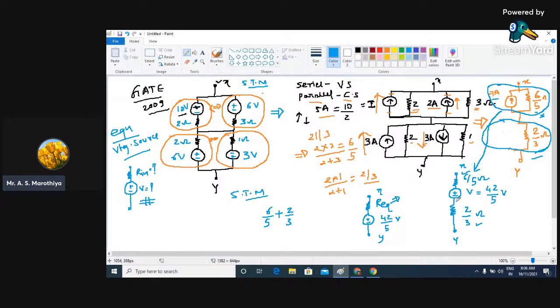Remember one thing, whenever you are trying to find out the equivalent resistance, we need to ignore the sources. While ignoring, normally we replace these sources by their ideal condition. So in case of an ideal current source, the internal resistance is supposed to be infinite. That's why whenever we have a current source, and you are interested to find out the equivalent resistance, we straight away replace it by open circuit.